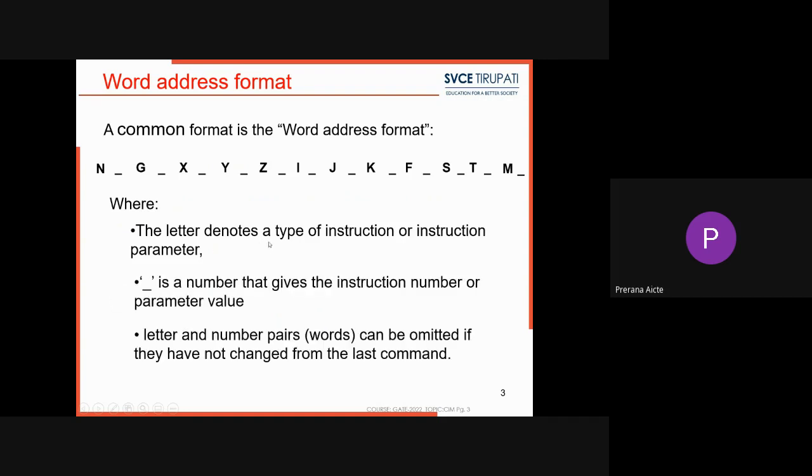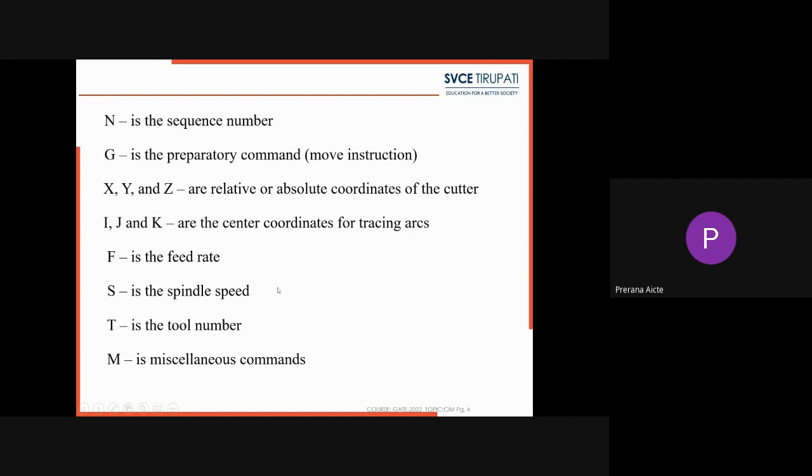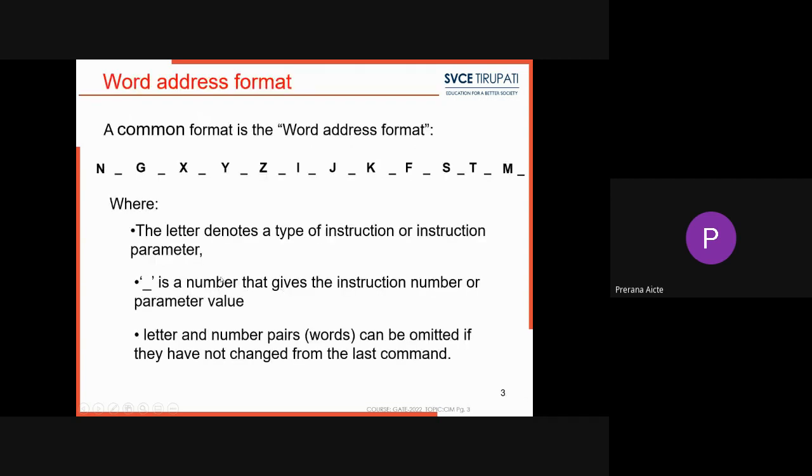CNC programming is nothing but a combination of numbers plus words plus alphabets. So this is known as CNC programming. CNC programming consists of a structure of numbers plus words plus alphabets.